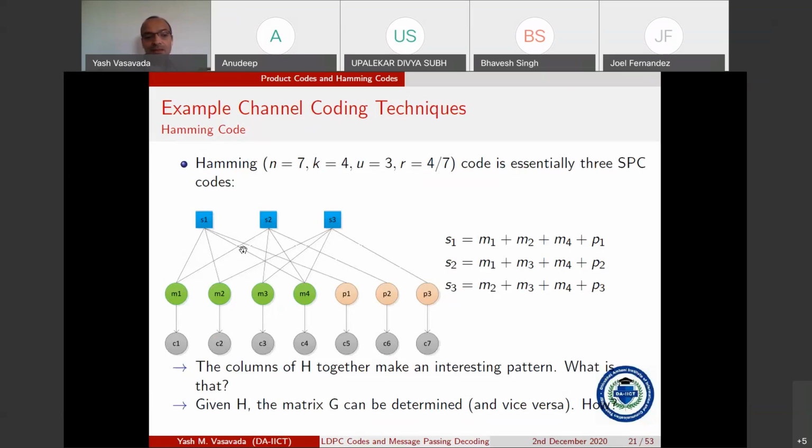Okay, why is that? Because this first bit, M1, is connected to S1 and S2. You can see it from these two equations. And it is the same exact M1 which is getting connected to S1 and S2. So from the perspective of M1, this S1 and S2 become repetition code. It is the same M1 which is being replicated 2 times.